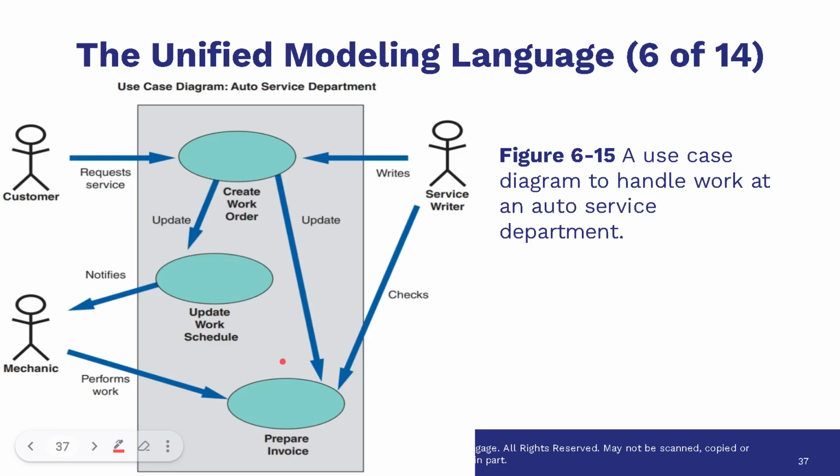We're not describing data flow, we're describing what the process needs to do, but similar to data flow. And when this process is done, this actor is notified of the job that they have to do. That actor, mechanic, performs the work, and the prepare invoice process in our system then takes over. So the boundary of the system is that gray box.